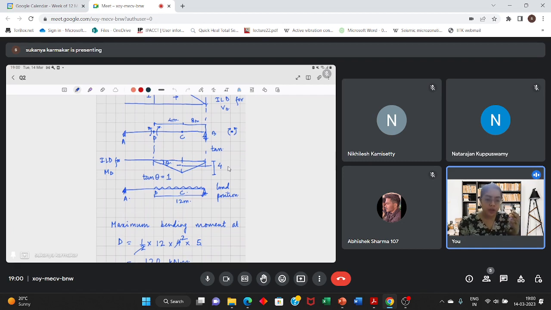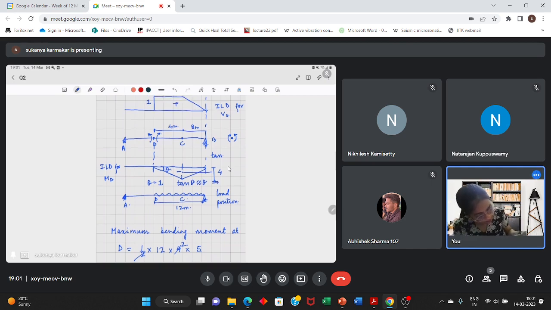How much rotation are you allowing? You are allowing a rotation of unity. So you are rotating by theta equal to 1, and we know that when theta is small, tan theta is approximately equal to theta. So if theta is 1, even tan theta is 1.